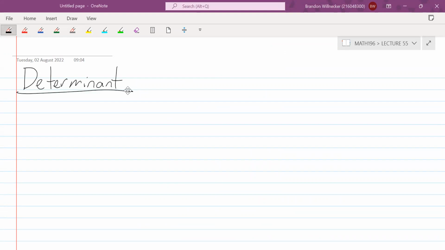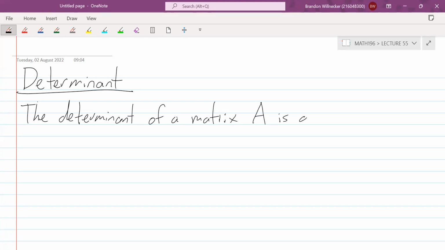Okay, so the determinant of a matrix, let's say A, is given by, okay, and there's two notations that we can use.